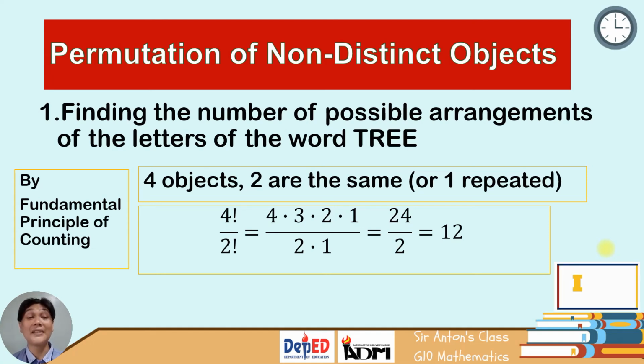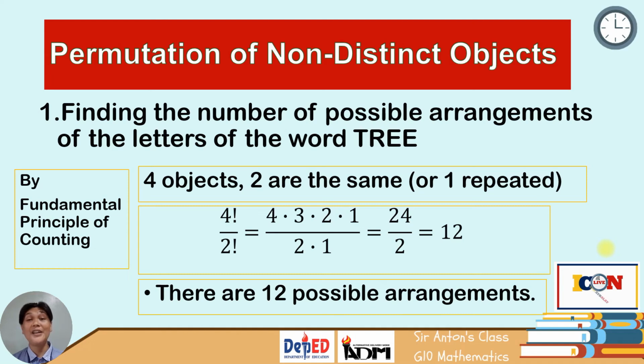So this is how we solve for the number of arrangements using the fundamental principle of counting. So 4 times 3 times 2 times 1 divided by 2 times 1, or 24 divided by 2, the answer is 12. There are 12 possible arrangements of the letters of the word tree. Okay, I hope you got that one.